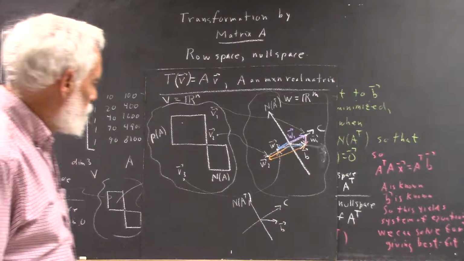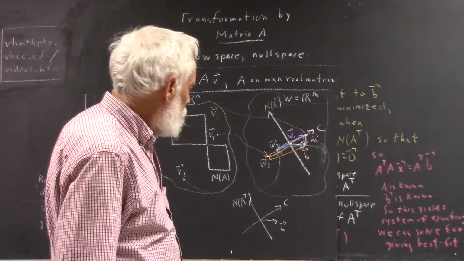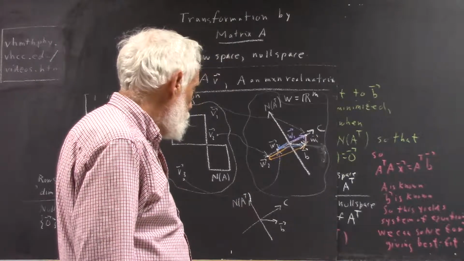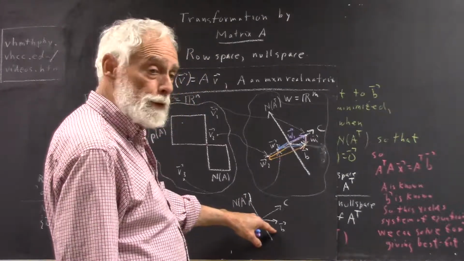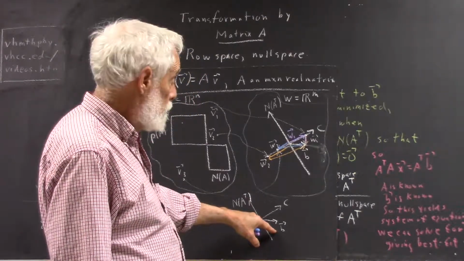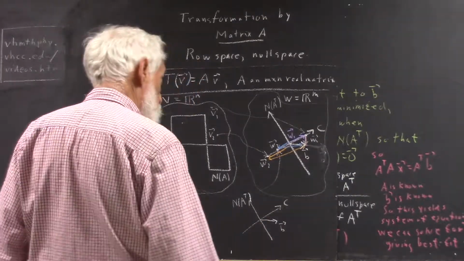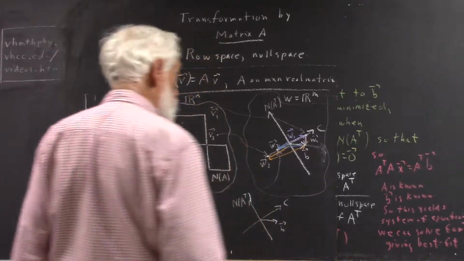And how are we going to find the vector in our column space that's as close as possible to the vector B? Well, it should be obvious. We're going to project B onto the column space.